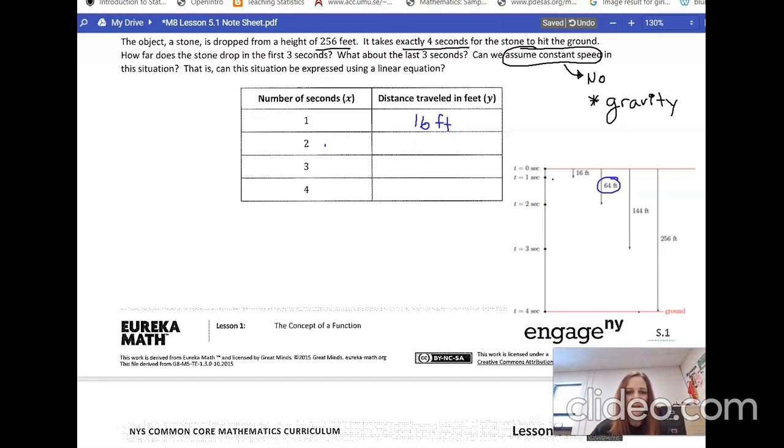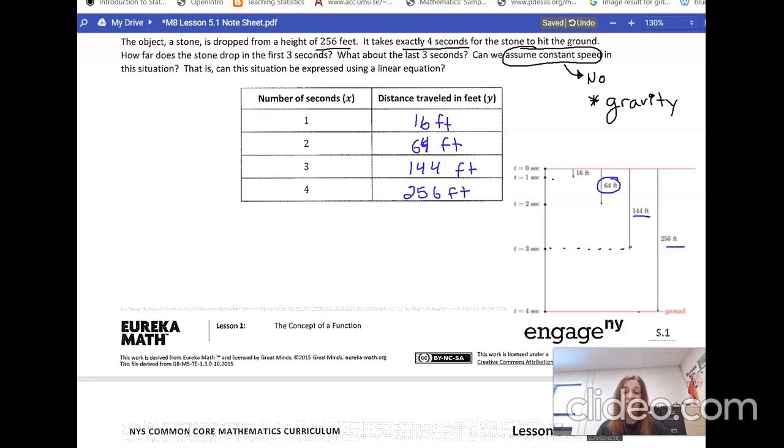So we can just tell from this chart, and we're going to use this chart later on, that after 2 seconds, it dropped 64 feet. After 3 seconds, 144 feet. And after 4 seconds, it's hitting the ground, and it has traveled 256 feet. Okay?